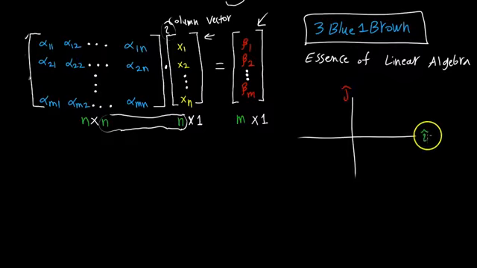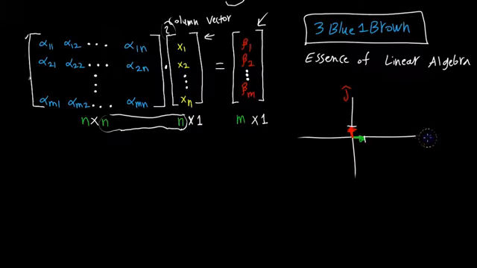These are unit vectors. So I should really be drawing this as such. So I should have an i hat vector here and a j hat vector here, which is in my y direction, if you will. So the idea here is that I have what's called basis vectors.